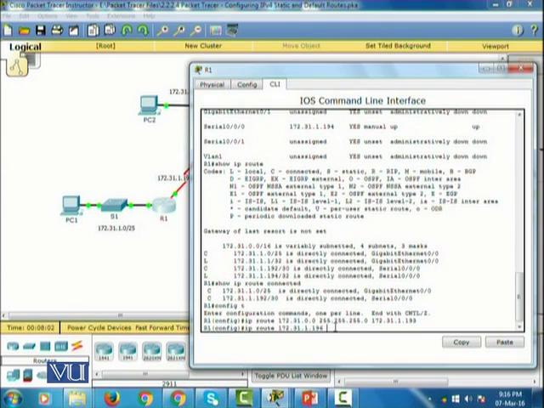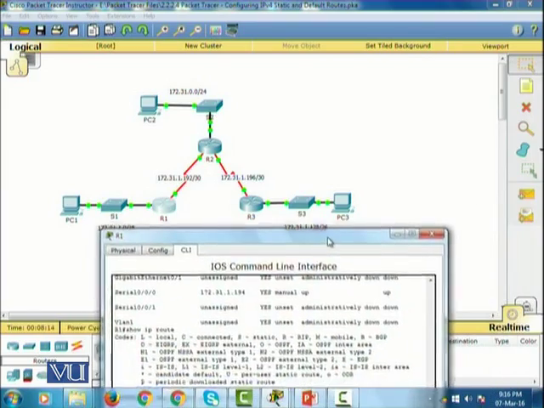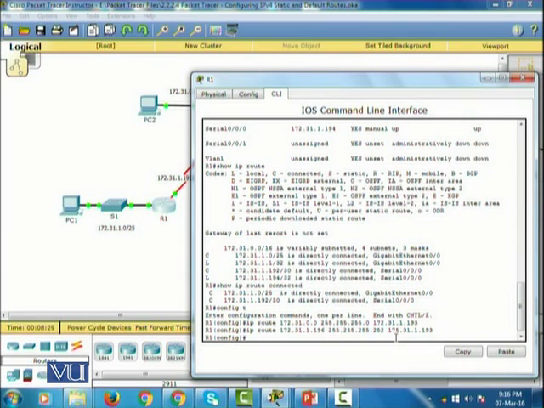And what is the subnet mask? 255.255.255.252. It's, I guess, /26. Yes, it is. No, /30. Yes, it is /30. All right. And the next hop address is going to be the same, 172.31.1.193. It's going to be the same for all the other static entries.